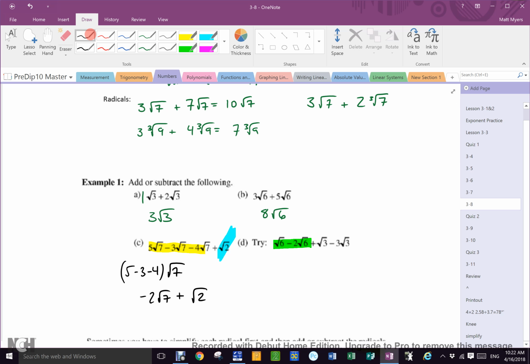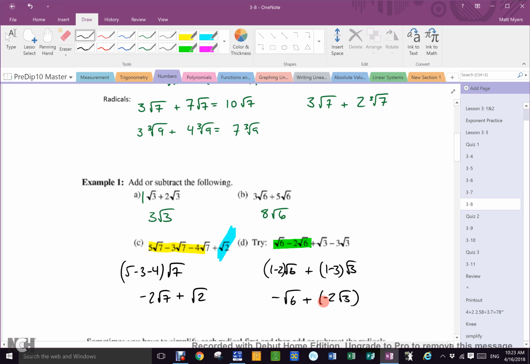What should I do there? 1 minus 2 root 6 plus 1 minus 2 root 3. So that's 1 minus 2 root 6 plus 1 minus 3 root 3. What's 1 minus 2? Negative root 6 plus, what's 1 minus 3? Negative 2 root 3.